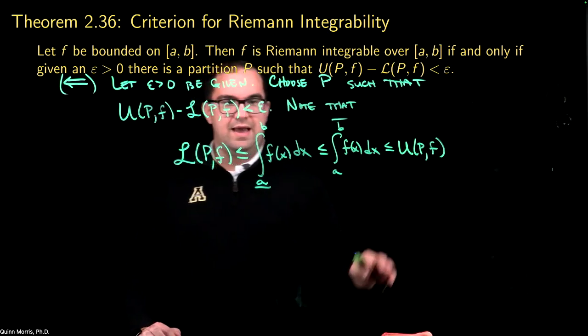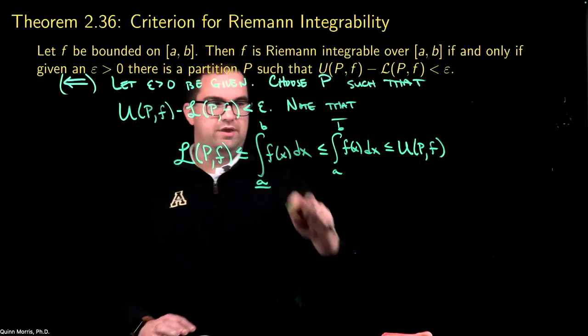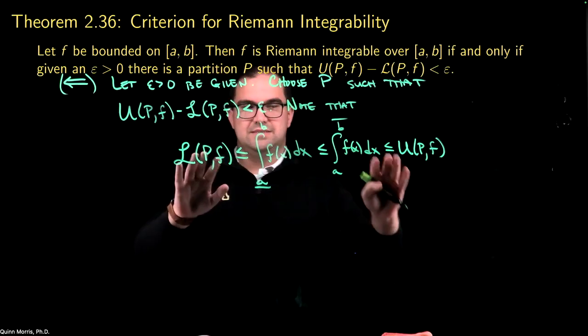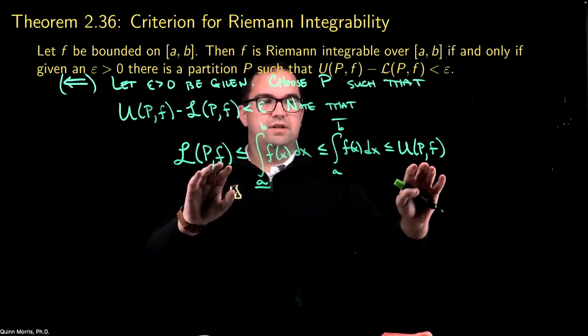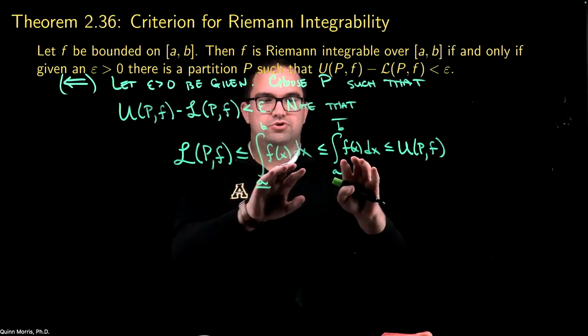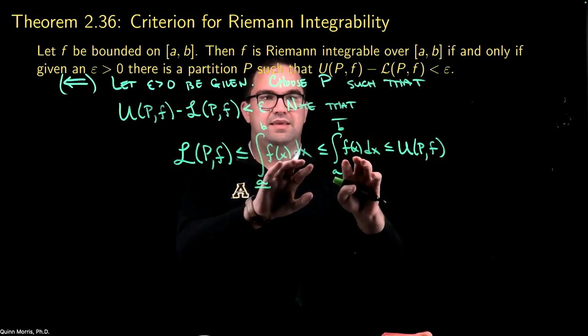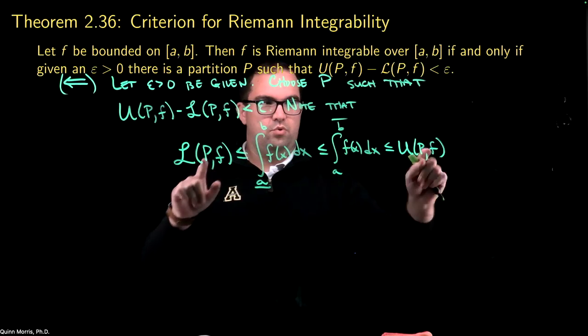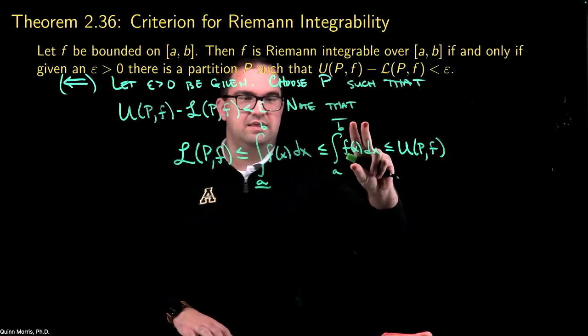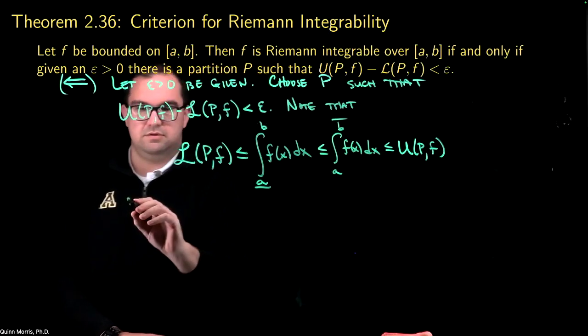Now, if we look at this whole thing, the easiest way to think about it is that the difference between these two must be larger than the difference between these two. Think about how these are ordered. So this minus this must be a larger difference than this minus this.